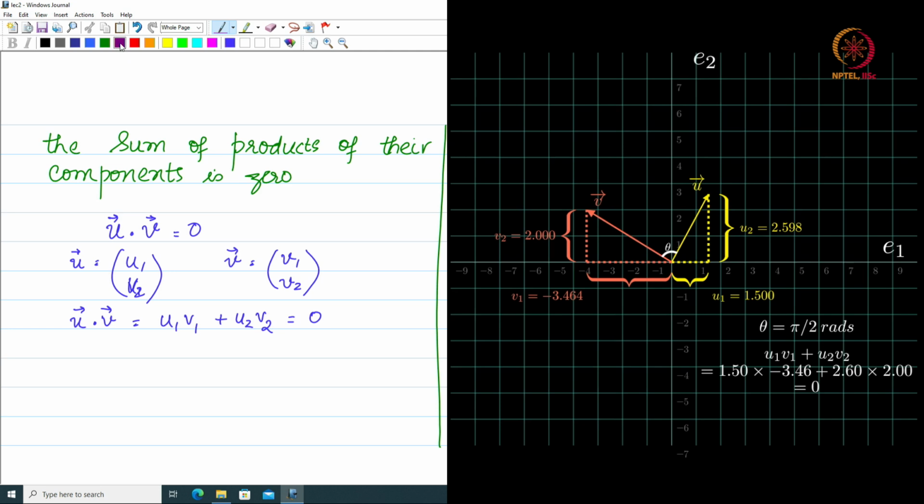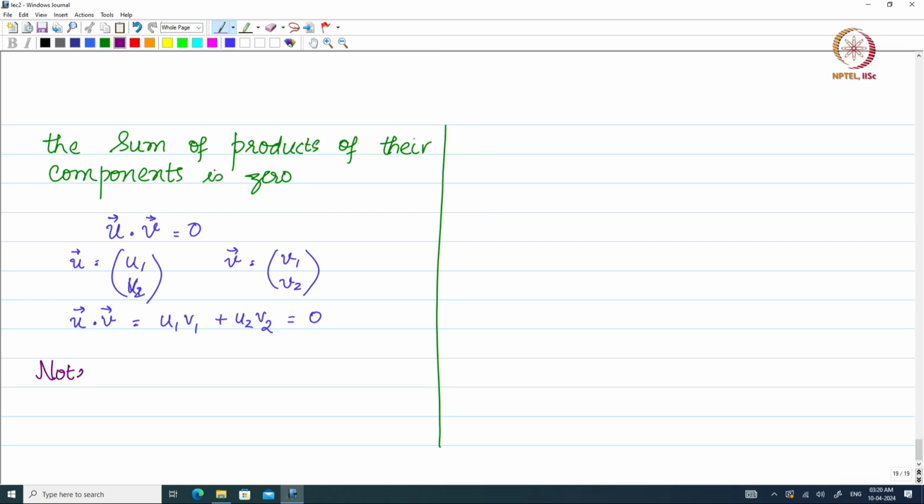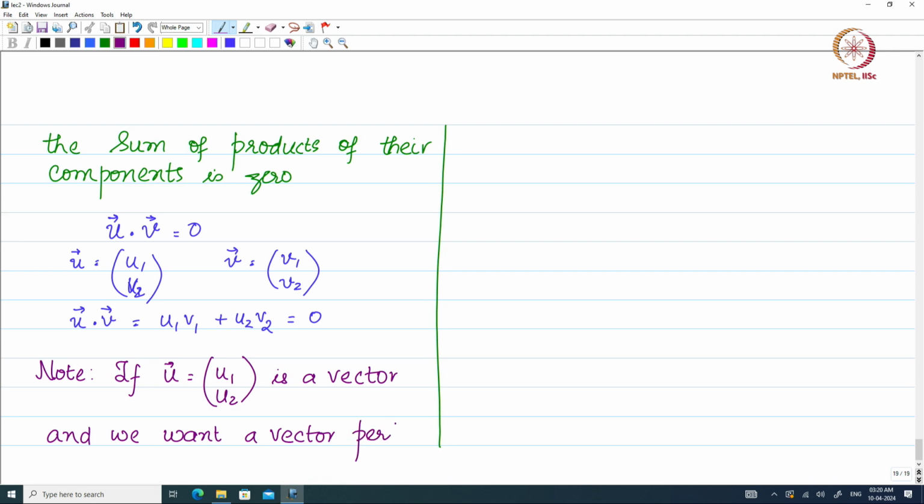It is interesting to note that if you have a vector u, so, let us make a note. If u is equal to u1 u2 is a vector, and we want a vector orthogonal or perpendicular to u, let us say v, which is perpendicular to u.